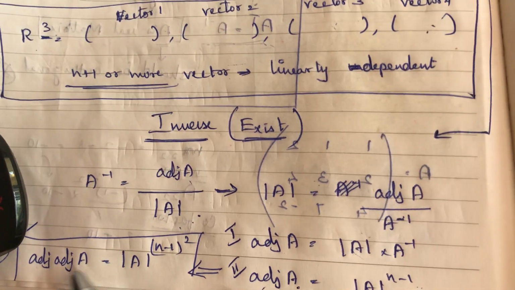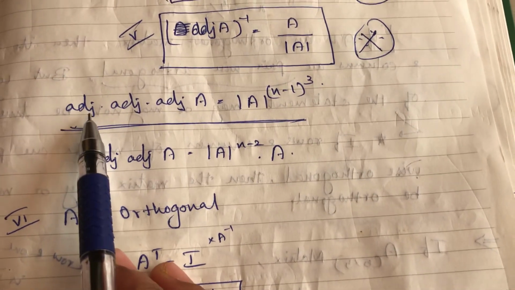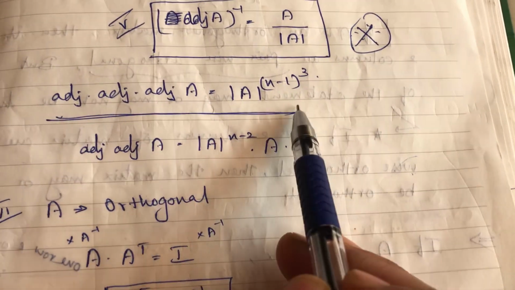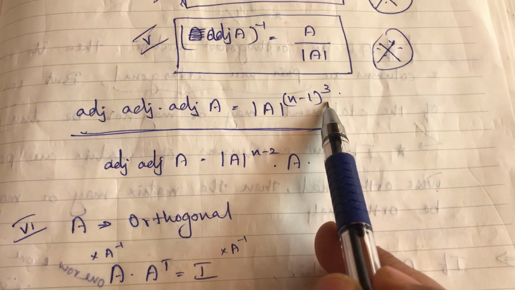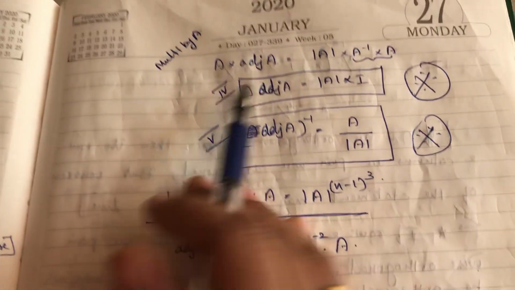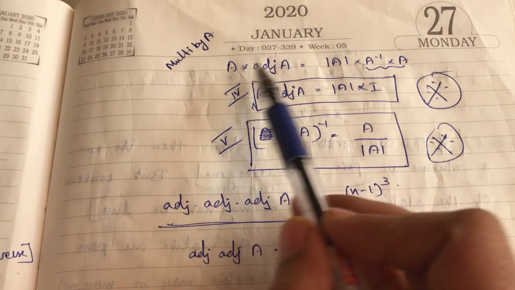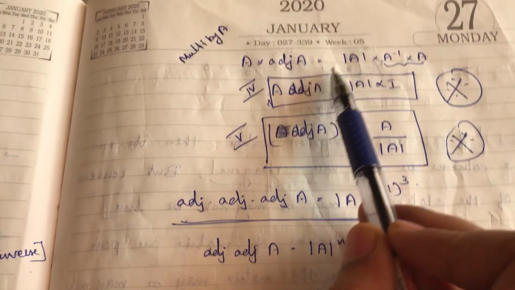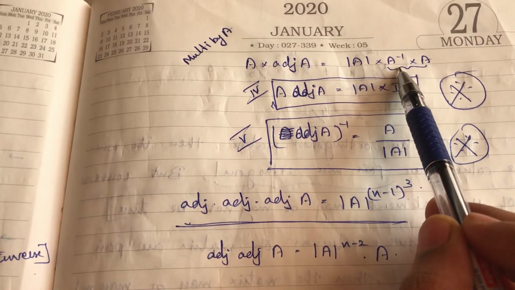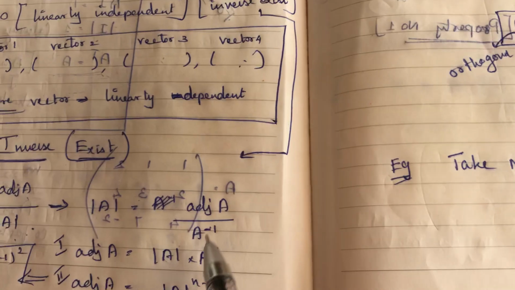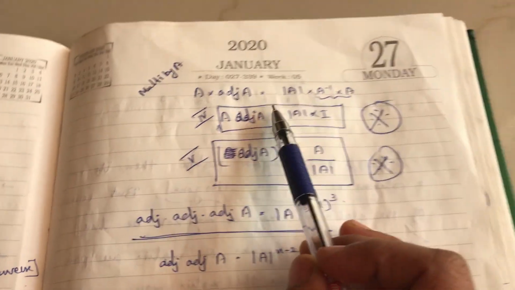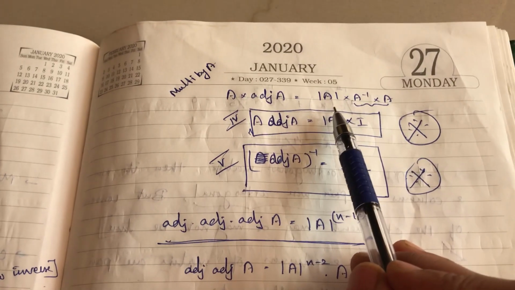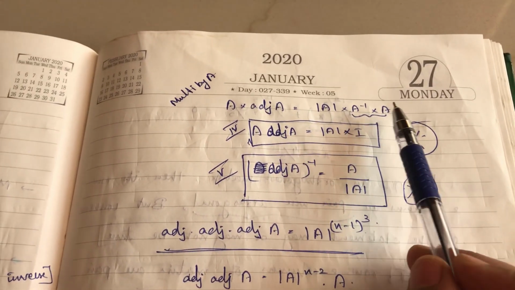You can see 2 adj A's are here, the power is 2. If 3 adj A's, you can see 1, 2, 3 adj A's are here, the power is 3. That's the thing. Okay, so the first condition I have taken here is adj A equal to determinant A into A inverse.